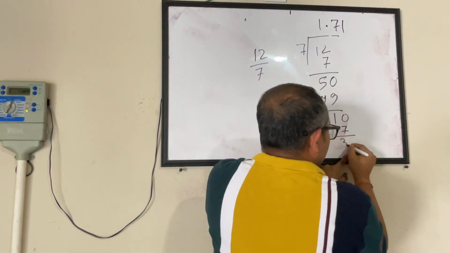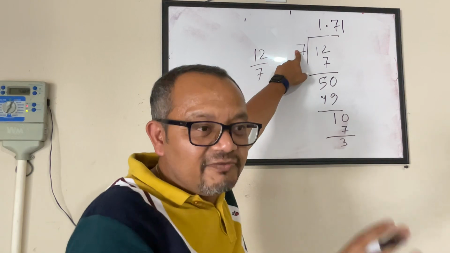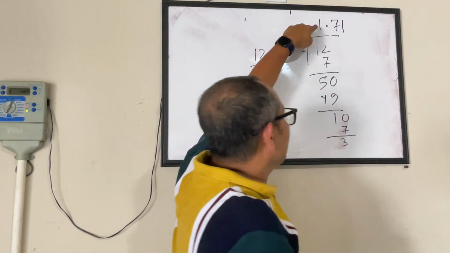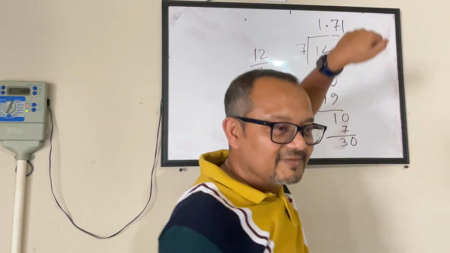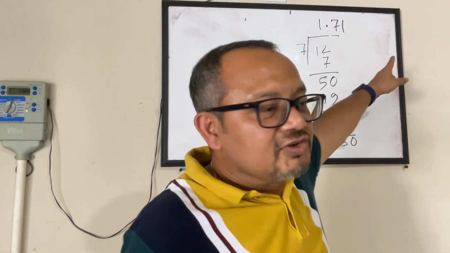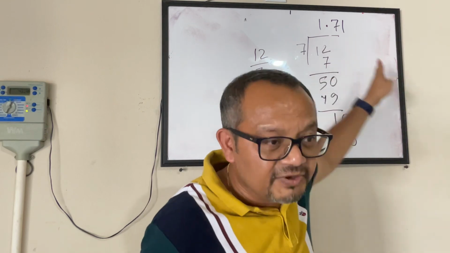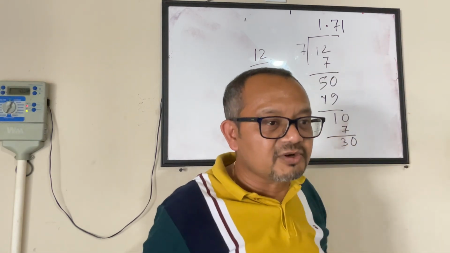What is remaining? 3. 3 is again smaller than 7. But we don't have to worry. We have a chicken that is laying one egg at a time. It will go on laying one egg at a time till we are done. So this is how 12 by 7 we converted to 1.71 and we can continue. That will be a bigger number.